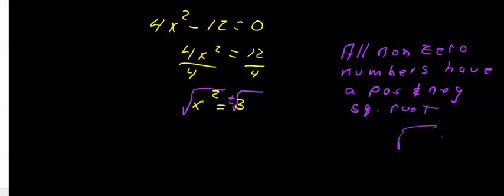This radical symbol is the positive. That's why we have a plus minus. X is equal to plus or minus the square root of 3. Positive square root of 3, negative square root of 3.